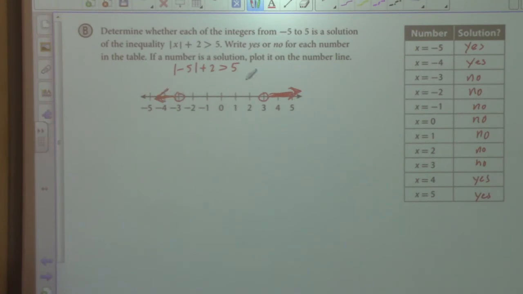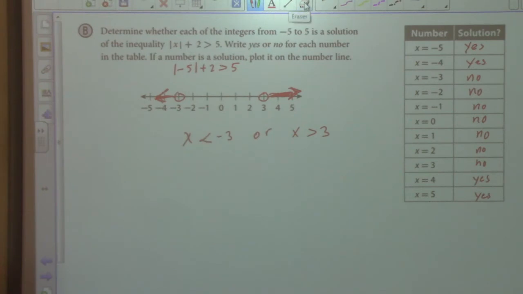So sometimes what you'll see is you'll say x is less than -3, or x is greater than 3. That's how you write it sometimes. Okay?